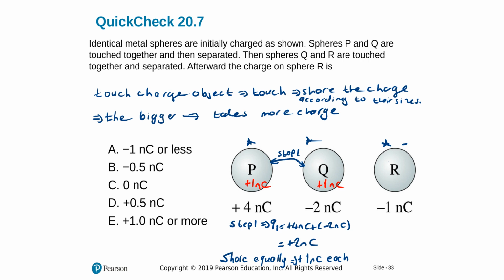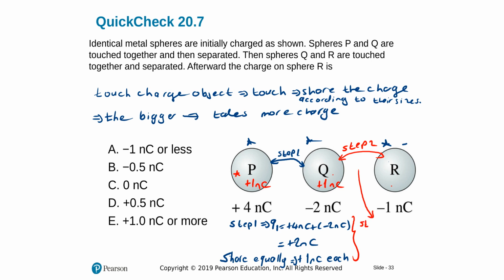What happens next? Then spheres Q and R are touched. Now we leave P, we are touching Q and R. This is step 2. Since I'm not touching P anymore, after step 1 it has 1 nanocoulomb. If I'm asked to find the charge of P, it would be 1 nanocoulomb. But if I touch Q and R, what happens? This one has +1 nanocoulomb plus -1 nanocoulomb. Let me do this part here with the red.